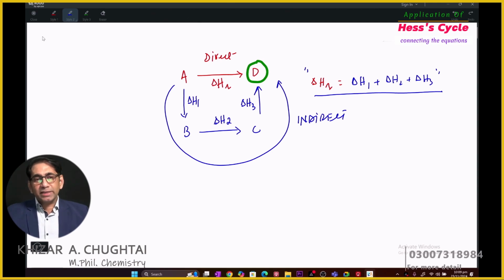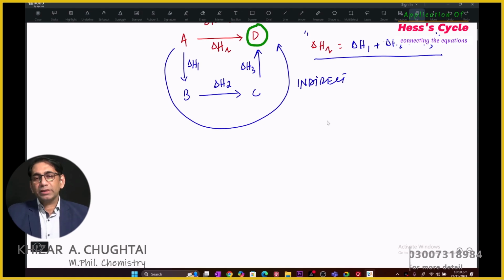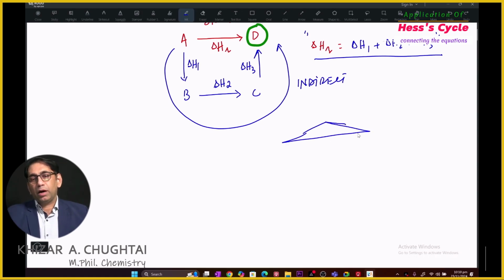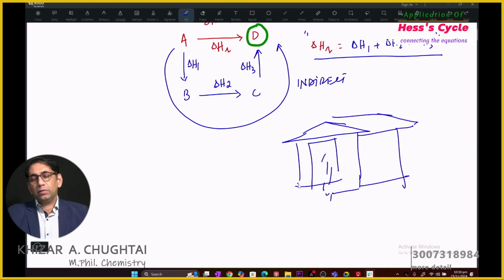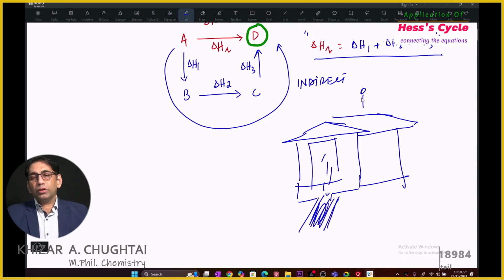There is another example, an analogy of Hess's law. A boy is sitting on the roof of a house or a room, and he wants to come down to the ground, to a normal level.